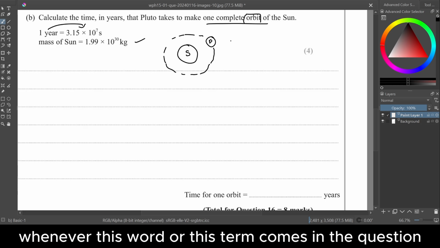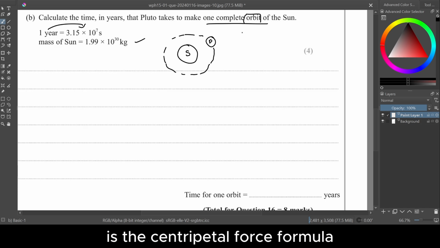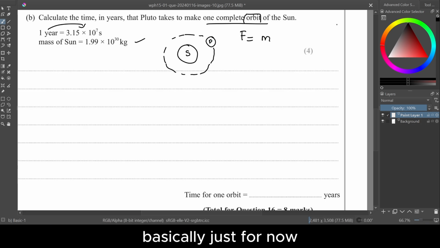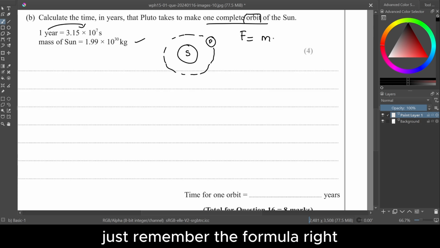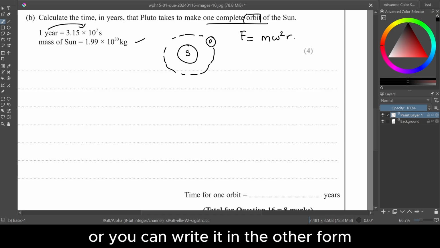Whenever this term comes up in the question, the first formula that should come to your mind is the centripetal force formula, which is F is equal to m, the mass of Pluto, times angular velocity square times r. For now, just remember the formula. You can also write it in the other form as well.